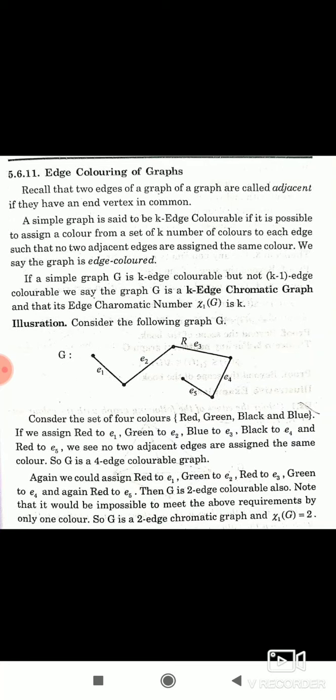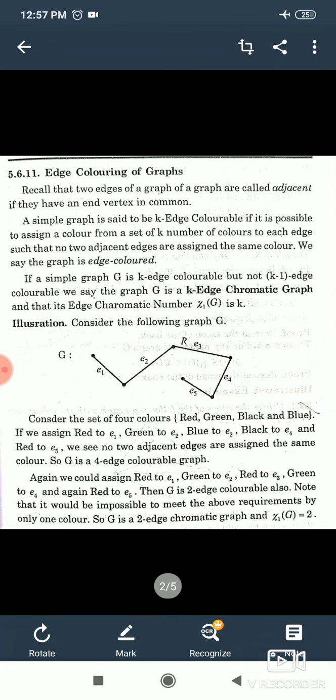If a simple graph is k-edge colorable but not (k minus 1)-edge colorable, we say that the graph G is a k-edge chromatic graph and its edge chromatic number chi1(G) is k. Now, example: consider the graph G whose edges are e1, e2, e3, e4, e5 and the colors red, green, black, blue.